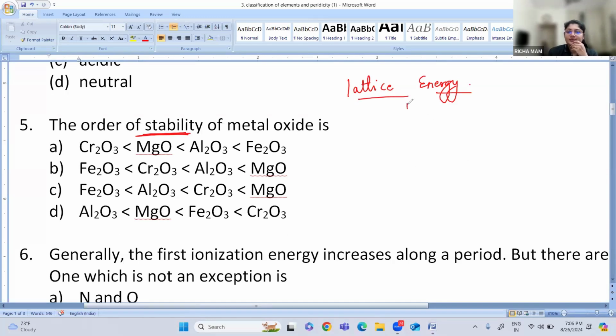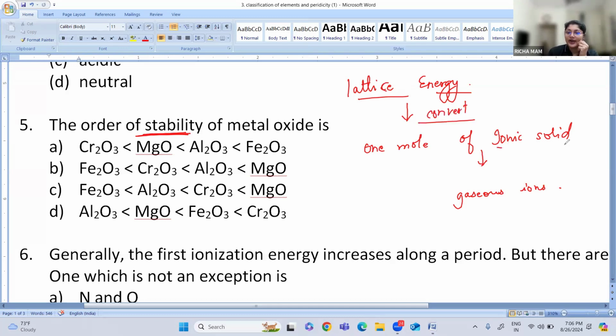Lattice energy means the energy which is required to convert 1 mole of ionic solid into gaseous ions.